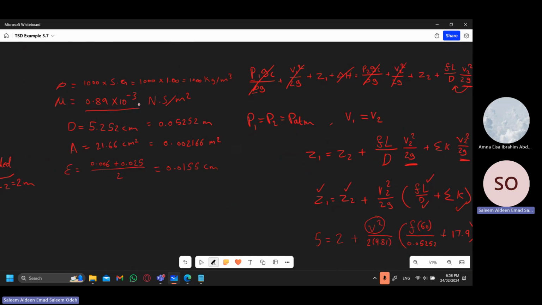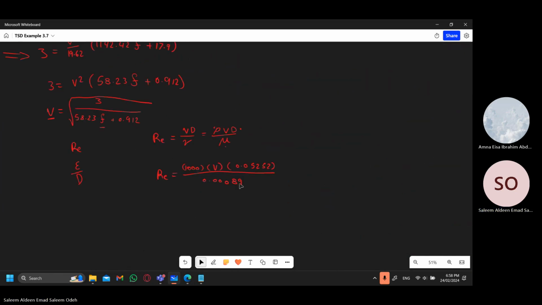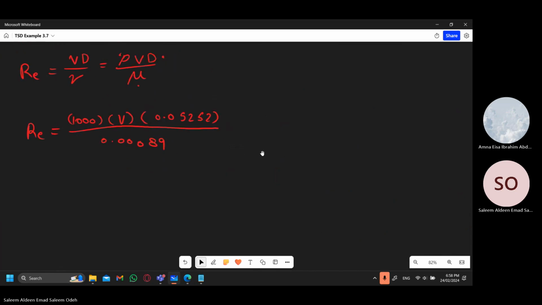So if we calculate it as it is, we'll come up with Reynolds number equals 59,011.23 V, which is also 5.9 times 10 to the power of 4 V.